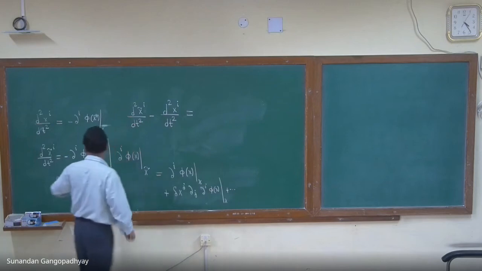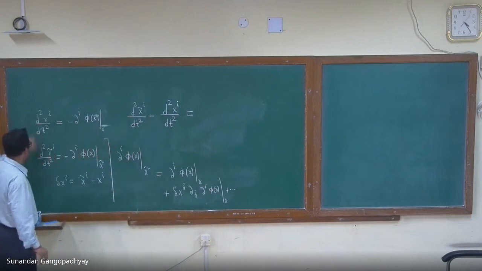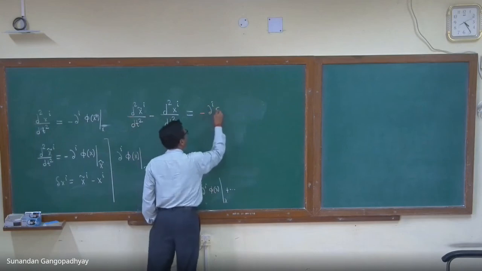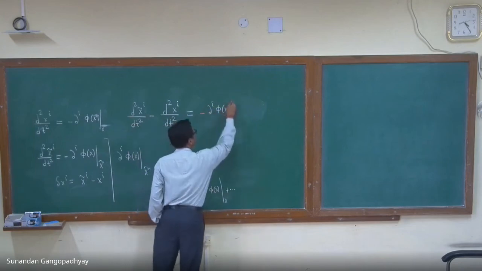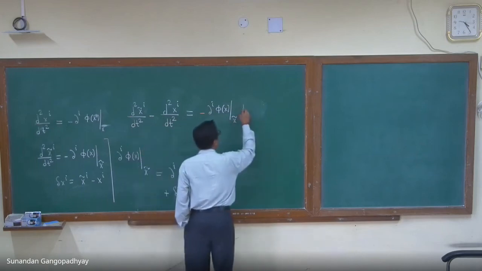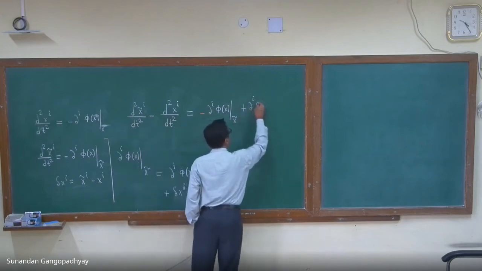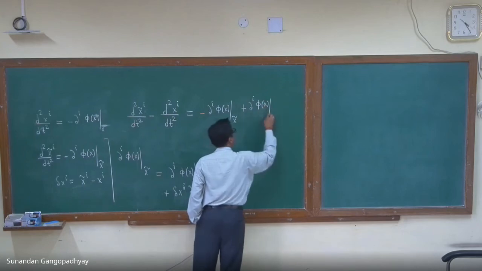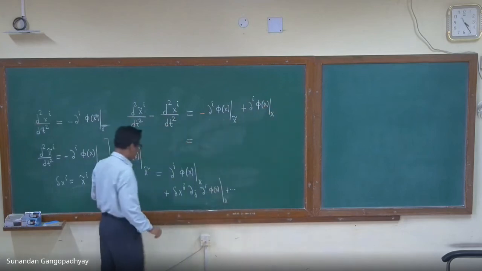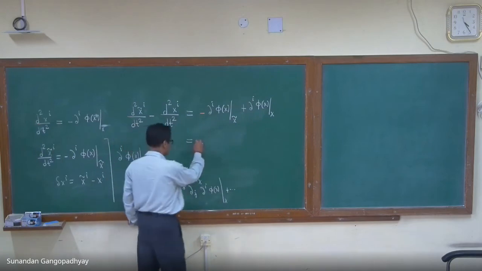So now what we are doing is subtracting this from this equation. And if you do that, this will give us the difference of the accelerations. So this we have already written down. Let us write it down here.